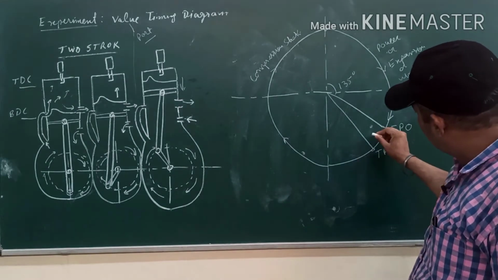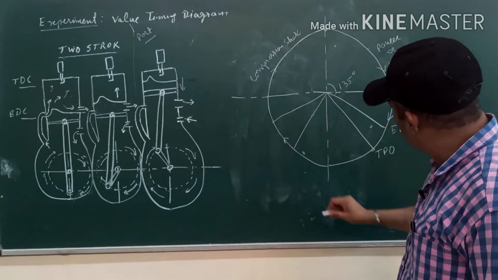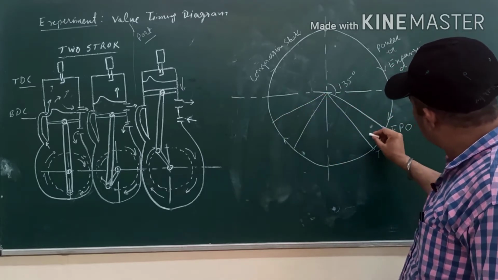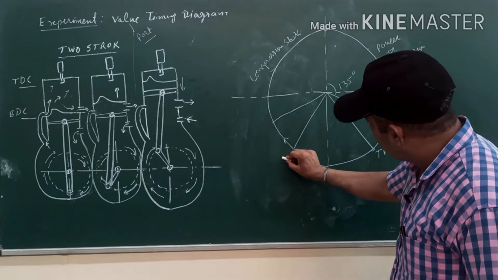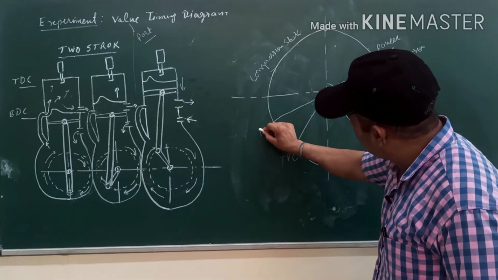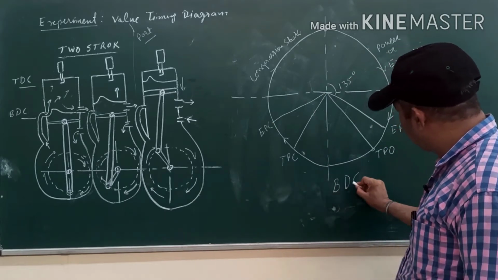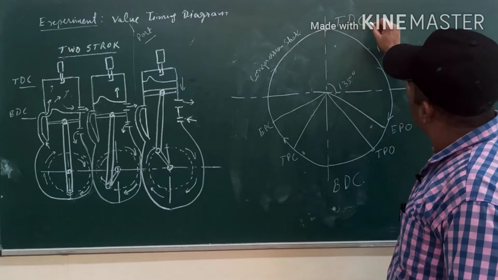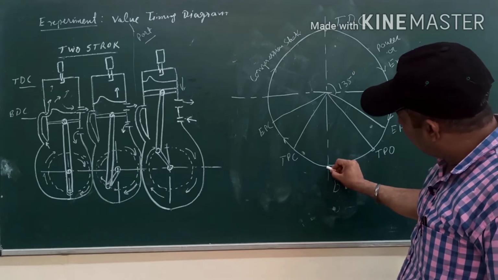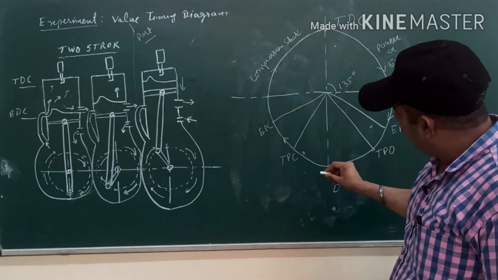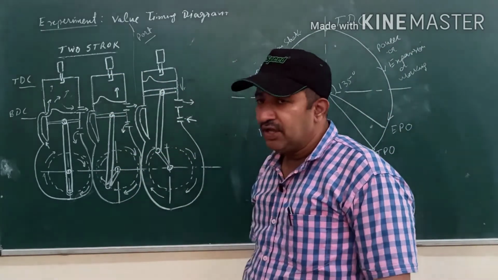So you can see this is transfer port open, this is transfer port closed, this is exhaust port closed, this is BDC. This is TDC, top dead center, bottom dead center. After BDC, compression will start, and you can see there is suction inside the crankcase.